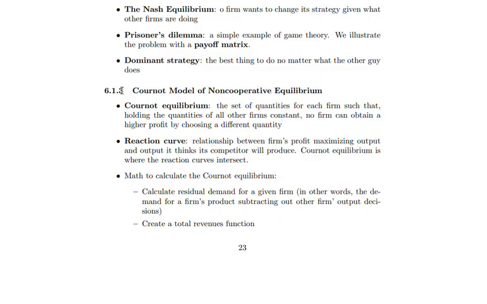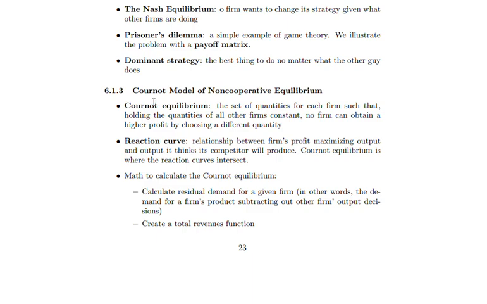The next part is the Cournot model of non-cooperative equilibrium. The Cournot equilibrium is the set of quantities for each firm such that, holding the quantity of all other firms constant, no firm can obtain a higher profit by choosing a different quantity. So it is all about quantity.